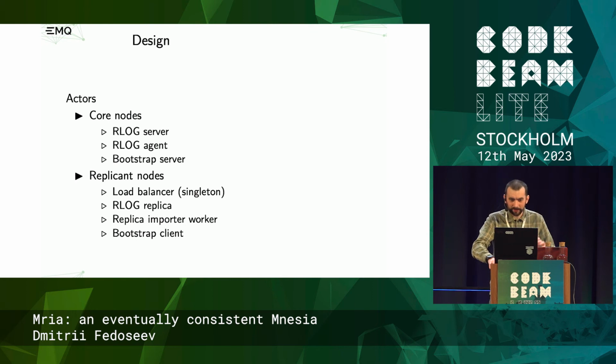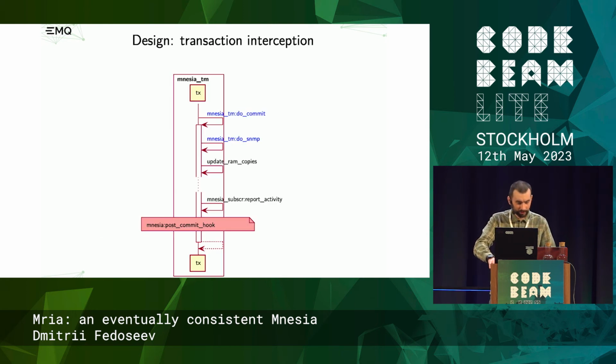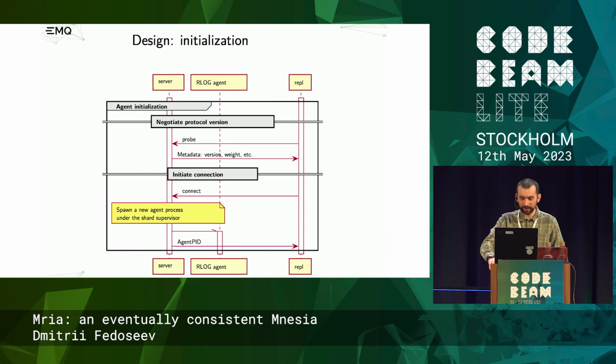Unfortunately, I don't have much time to dive deep into the design, but I will try to highlight the most interesting parts. First, we added a small patch to our OTP fork to intercept transactions in the post-commit phase. This way, Mria can hook into the Mnesia replication flow and intercept committed transactions in real time.